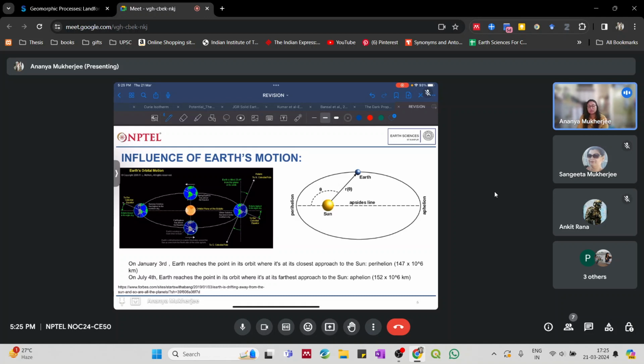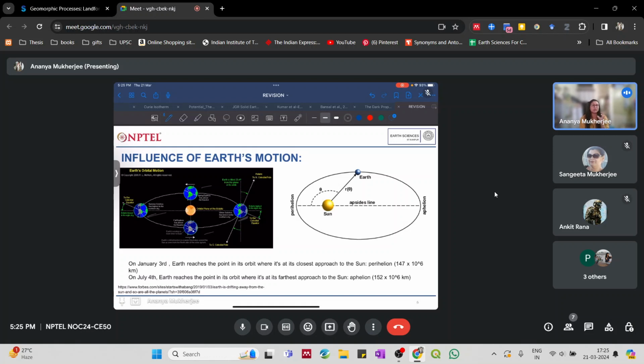So as you know, we have two equinoxes and two solstices that are due to this orbital motion, and with respect to the earth's position and the sun, the seasonal variations can be seen.